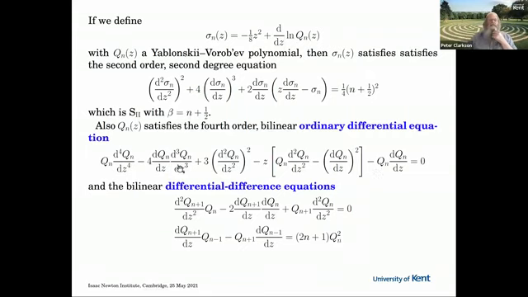And that, I think, can be useful to prove certain properties of the Qn. In fact, all of the special polynomials I'm going to mention today do satisfy a 4th order bilinear equation. And they also satisfy these bilinear differential difference equations as well. So we have quite a lot of equations which the polynomials satisfy.